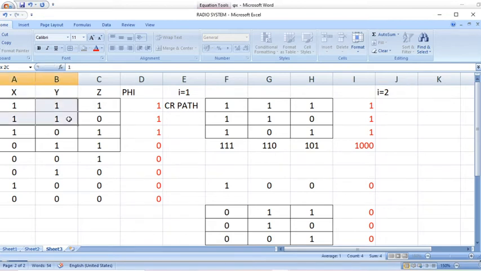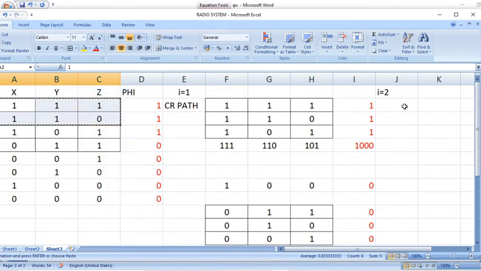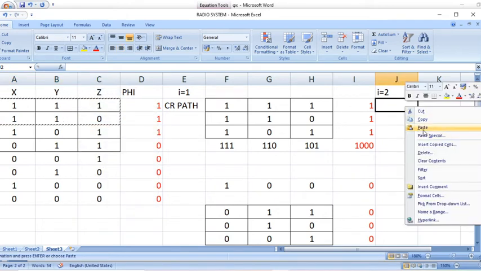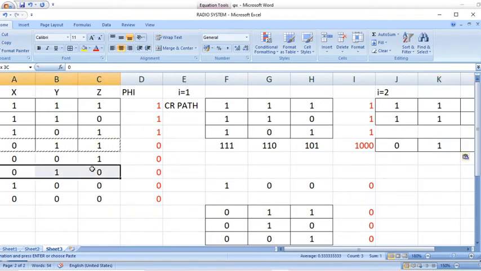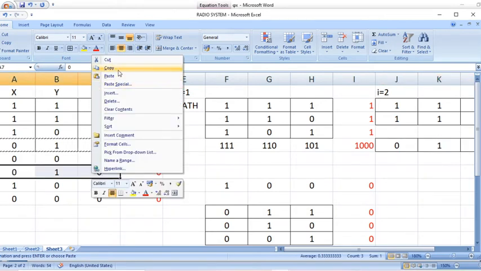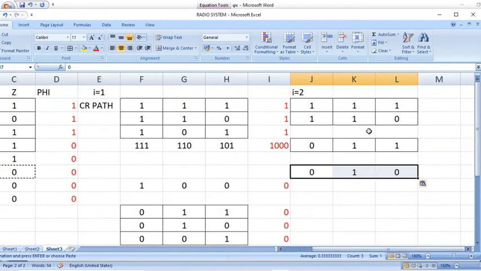Yeah, these are paths. So these are the four vectors with I equal to 2.